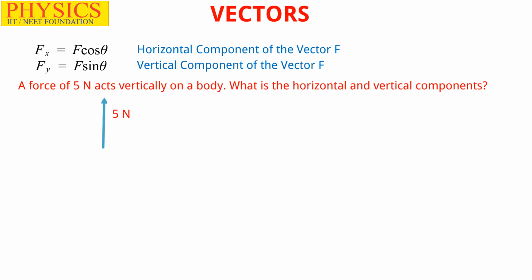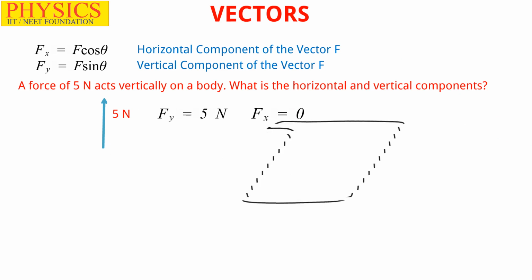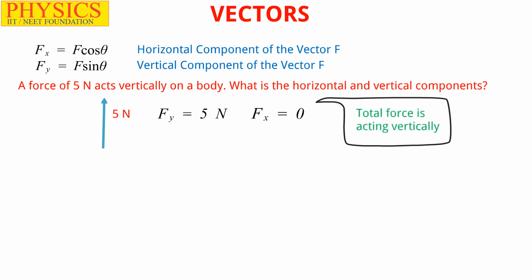Fy is simply 5 N. Then what about Fx, the horizontal direction? It is 0, because the total force is acting along the y direction. Therefore, in the horizontal direction, the magnitude of the force is 0, meaning no force is acting along the horizontal direction. So its horizontal component is 0.